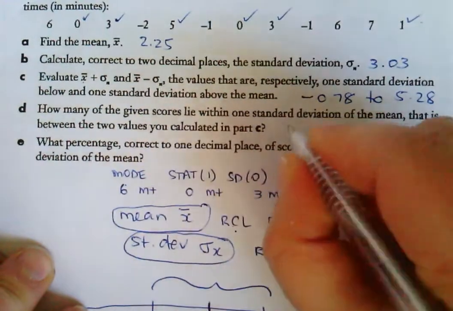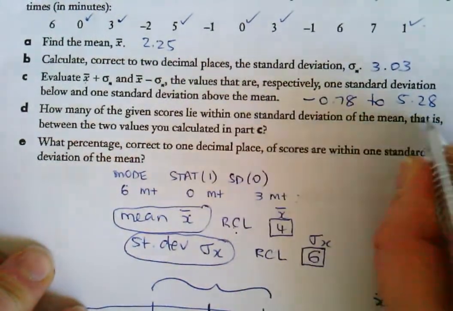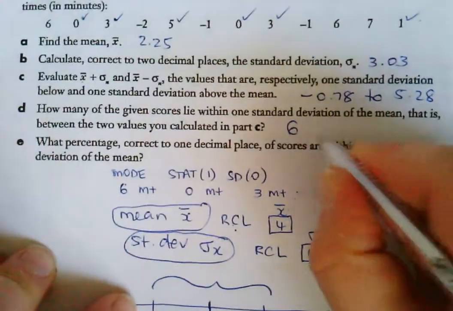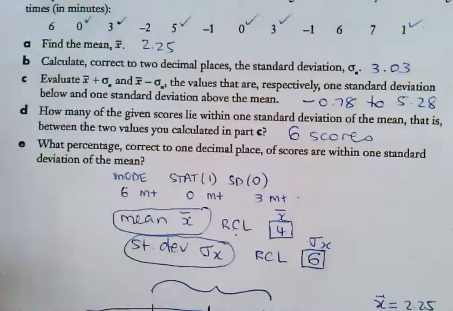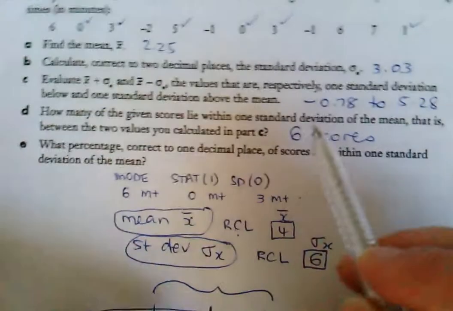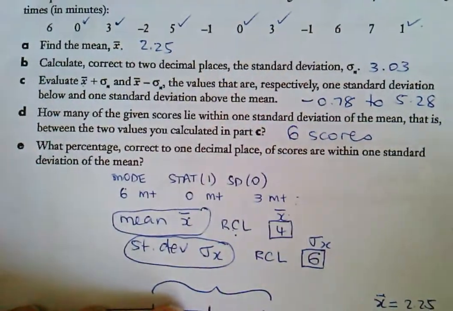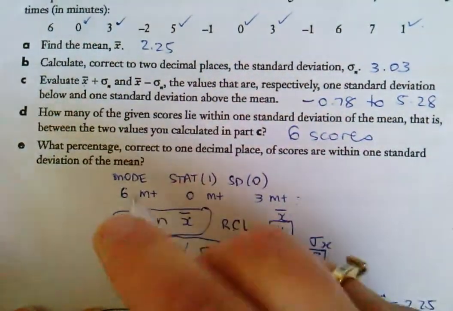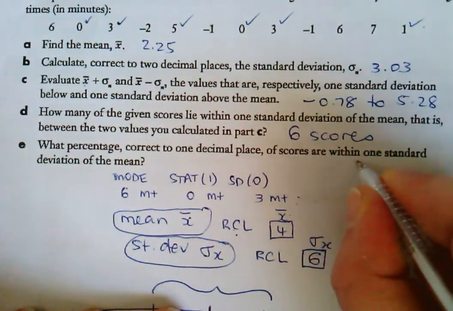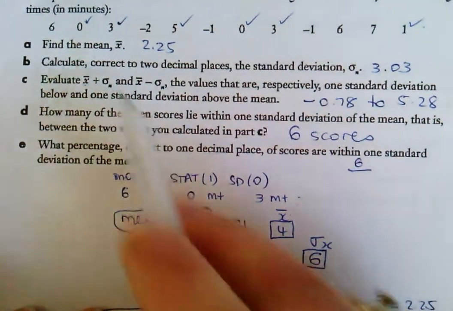How many of the given scores lie within 1 standard deviation of the mean? In other words, lie between the two values in part C. I've got 6 scores. And what percentage, corrected to 1 decimal place, of scores are within 1 standard deviation of the mean? It's 6 scores out of, how many were there?